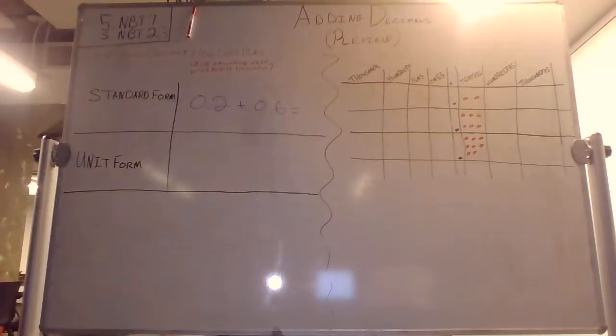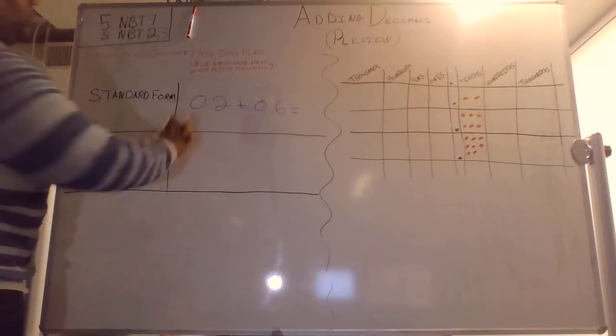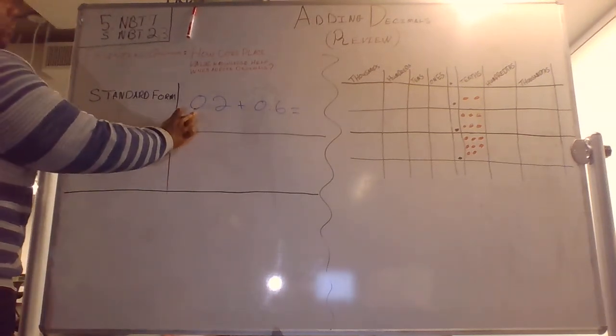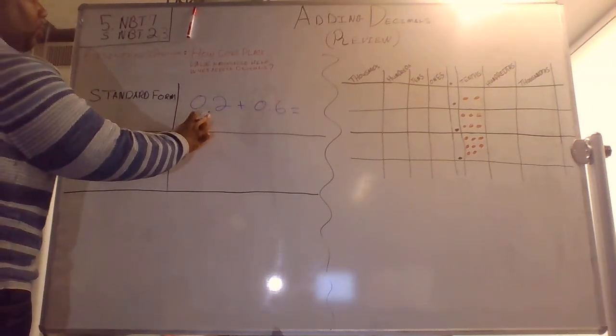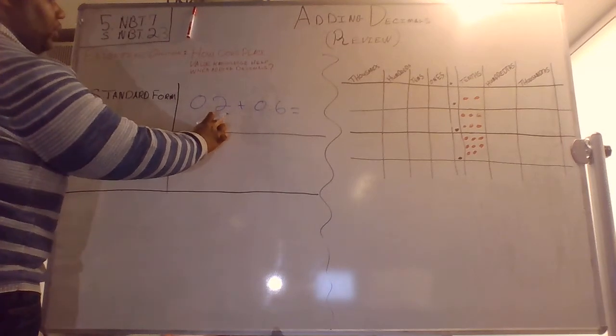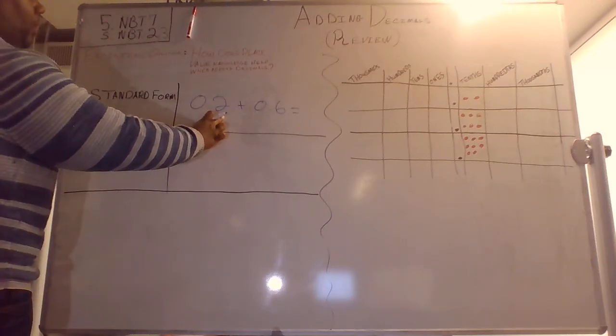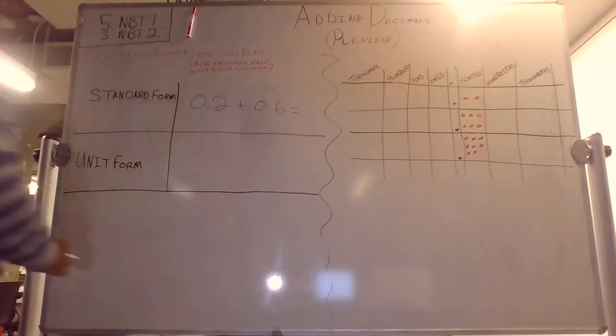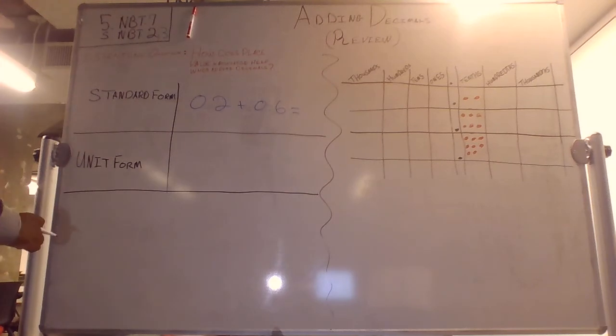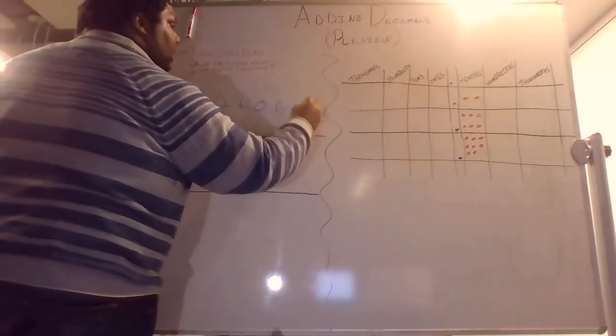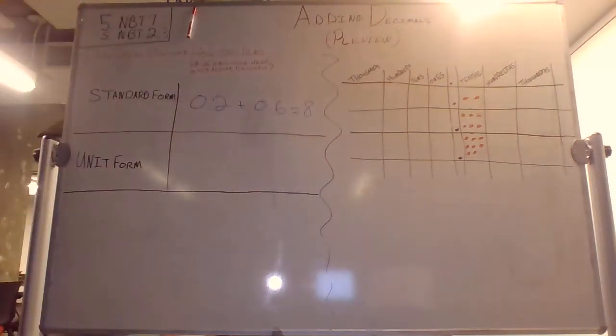So in standard form, 2/10 is 0 in the ones place, decimal point, and the number 2 in the tenths place. And we follow the same pattern for 6/10. Now, we said that 2/10 plus 6/10 is 8, right?